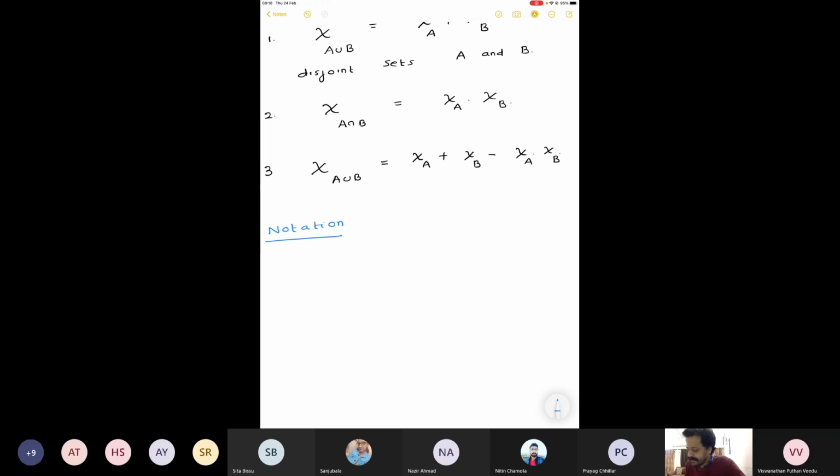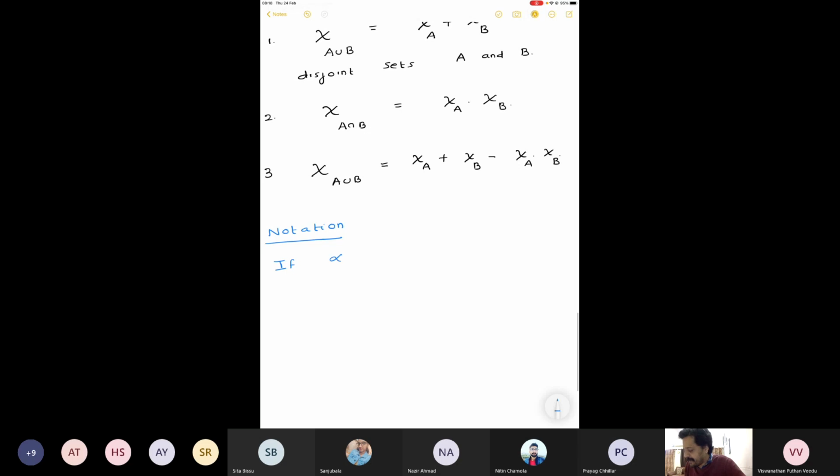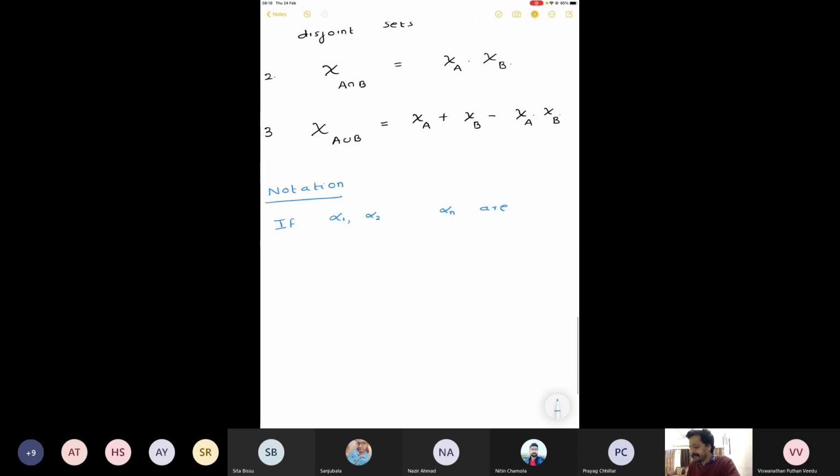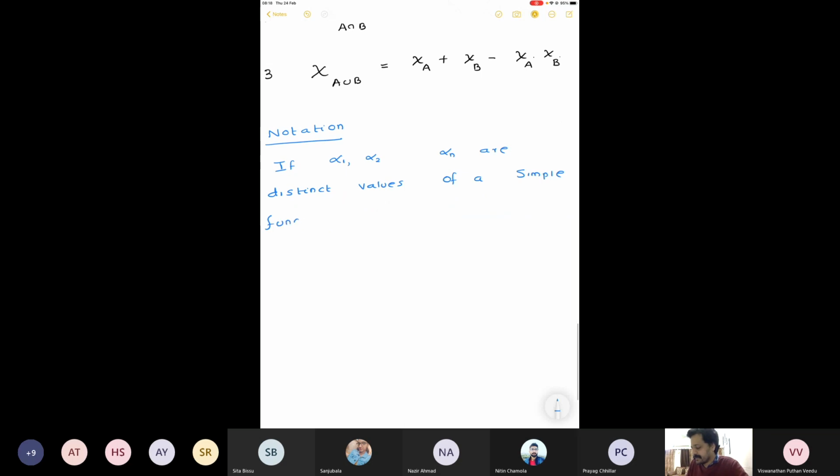If alpha 1, alpha 2, etc., alpha n are the distinct values taken by the simple function phi from R to R, then I can write phi using characteristic functions.